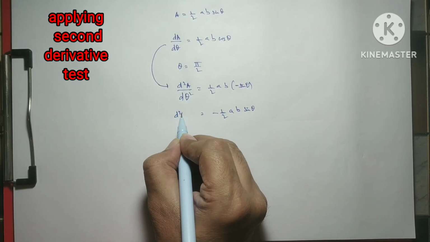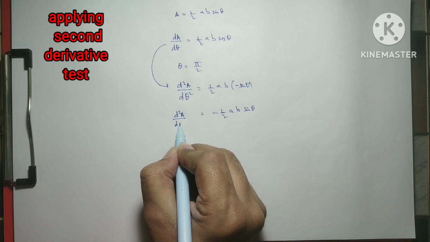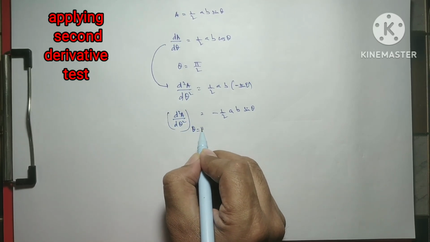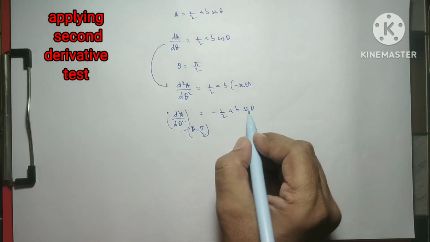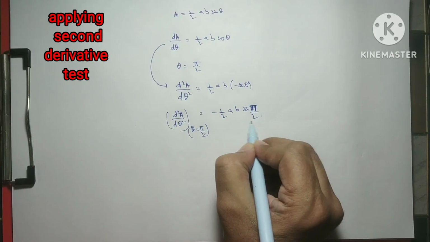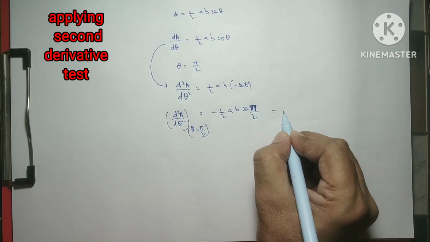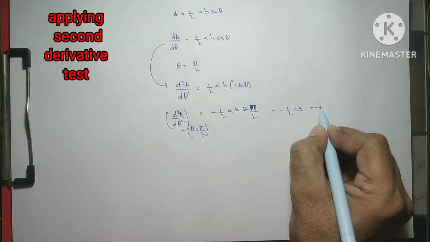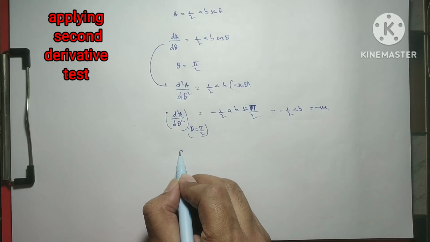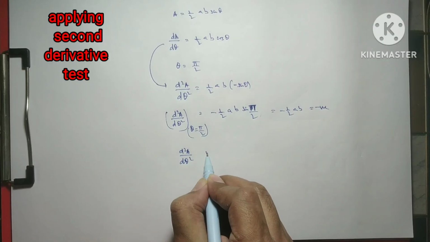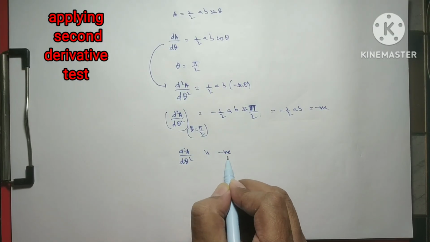So on putting the value of theta in the second derivative expression, theta is pi by 2, so sin pi by 2, and the value of this sin pi by 2 is 1. So we get minus half AB, or you can say negative. So the second derivative d2A over d theta square is negative, or less than 0.